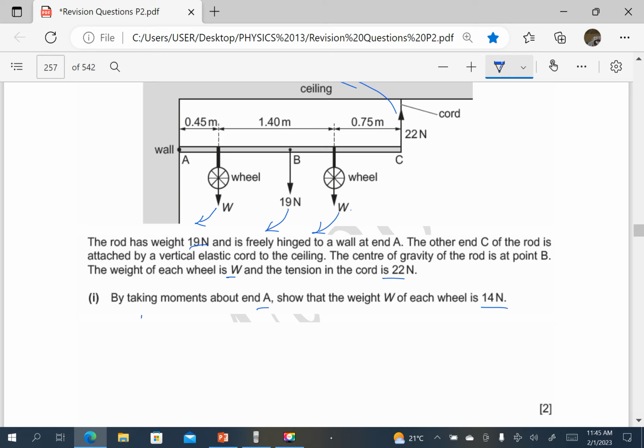So for the first one, we have W times the perpendicular distance, which is 0.45, plus we have 19 times the perpendicular distance, which is from B to point A, which is half of the whole length. The whole length is 0.45 plus 1.4 plus 0.75. Then we shall divide this by 2 to get half of the length. And I think this is 1.3.